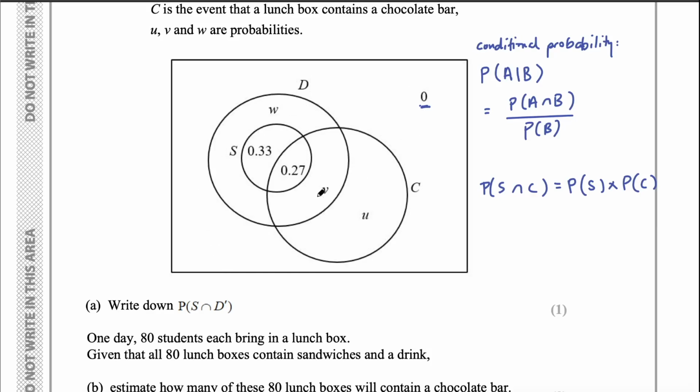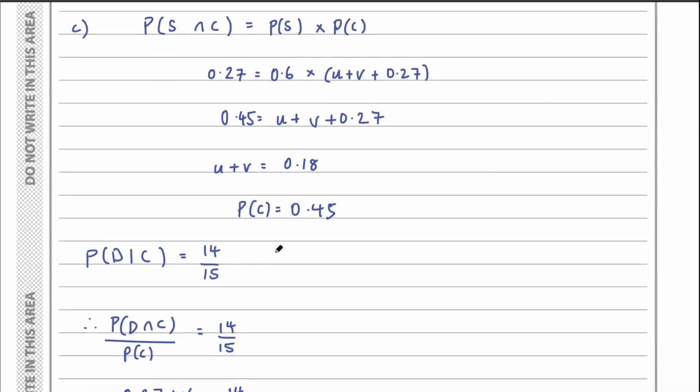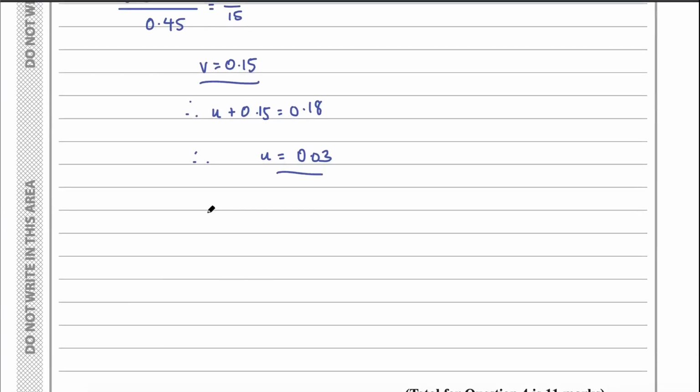That means that W plus V plus U plus 0.33 plus 0.27 must add up to 1. Remember, all the probabilities in a Venn diagram must add up to 1. So we've got another equation here: W plus V plus U plus 0.6 equals 1. So let's go ahead and write that down here. W plus V plus U plus 0.6 equals 1.